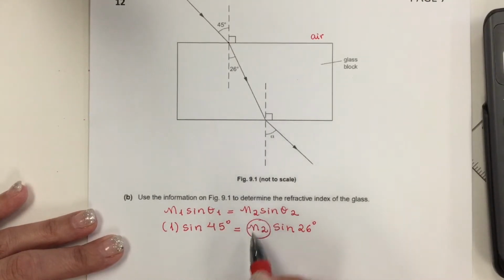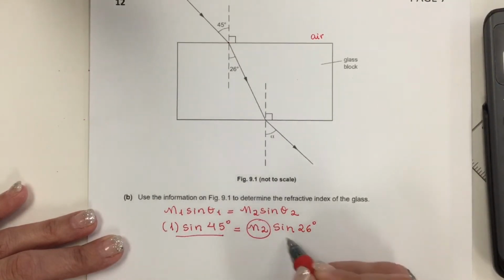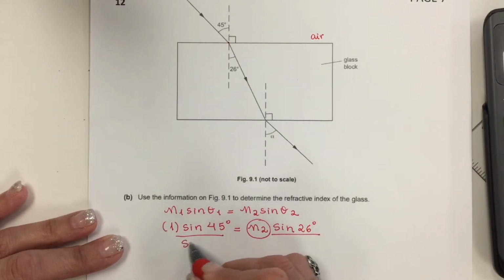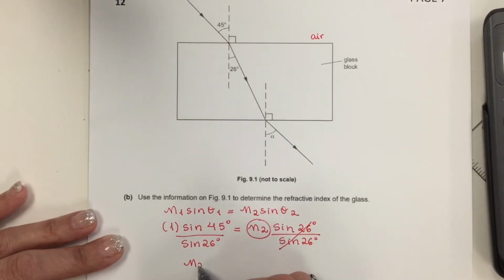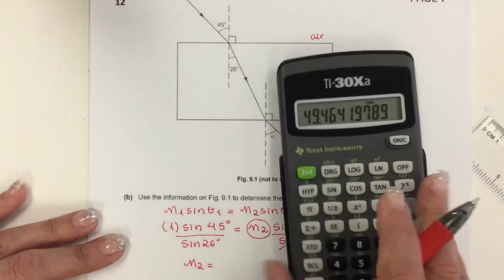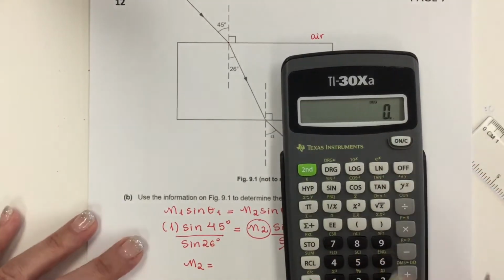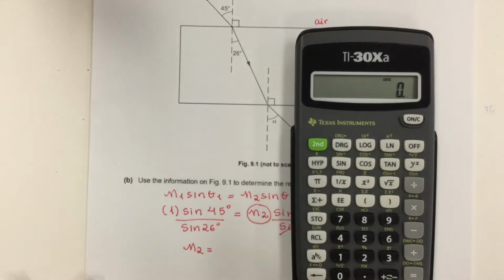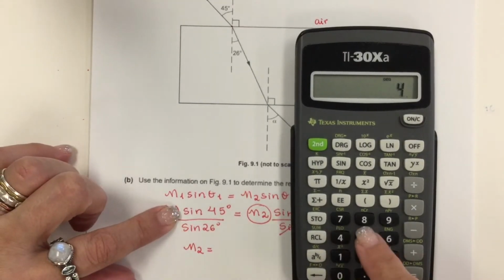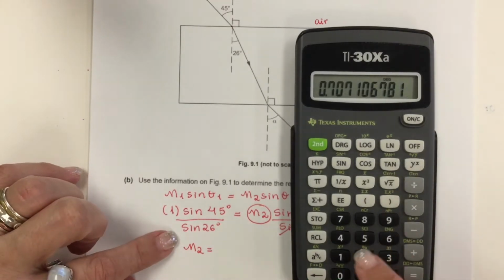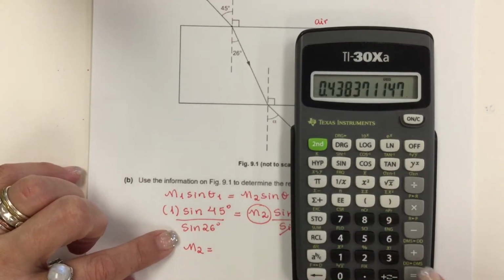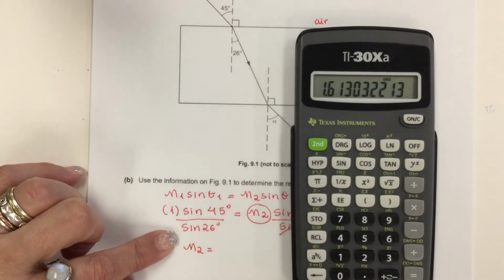So I'm going to divide both terms by sine of 26 degrees. Cancel. So my N2 now is sine of 45 divided by sine of 26, equal to 1.61.